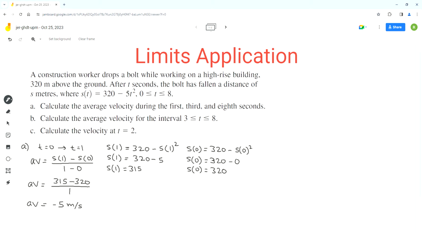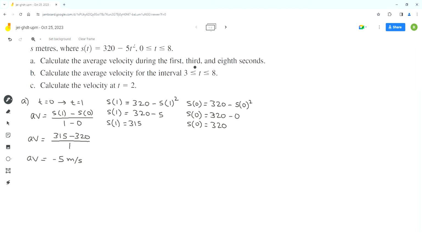Now we can do this calculation for the third second. For the second part we'll have to do t equals 2 to t equals 3. So the formula will be average velocity equals the position function at 3 minus the position function at 2 over 3 minus 2.